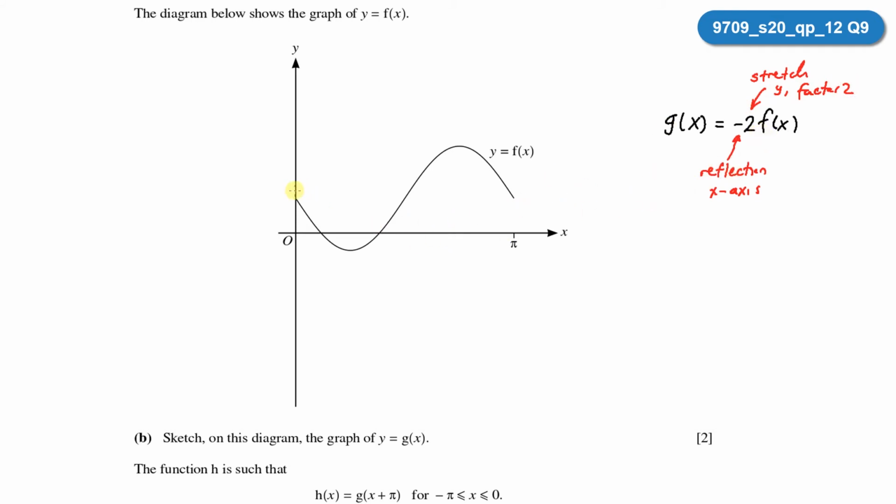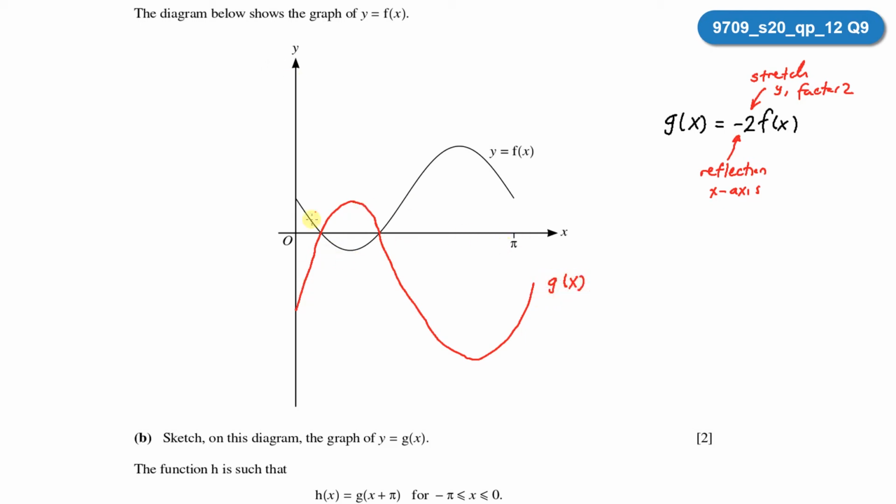Okay, so first of all, the graph is going to be stretched by factor 2 parallel to the y-axis. So for me, the graph will come out like here, goes up, then down. The x coordinates are not affected, then down, then up, maybe like this. So this is how the graph of g of x should come out.